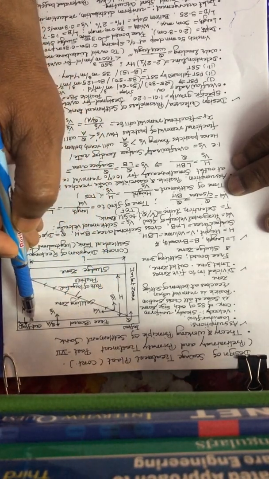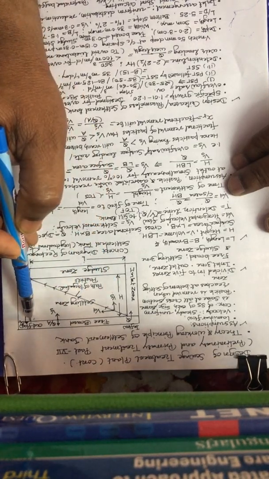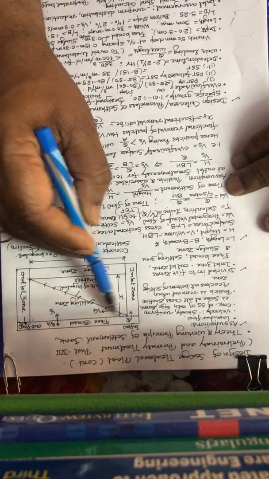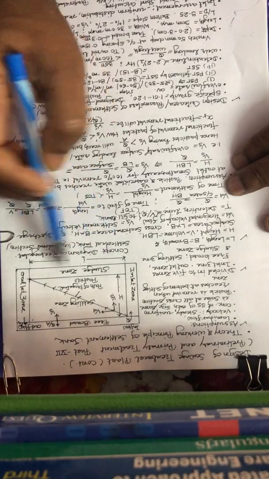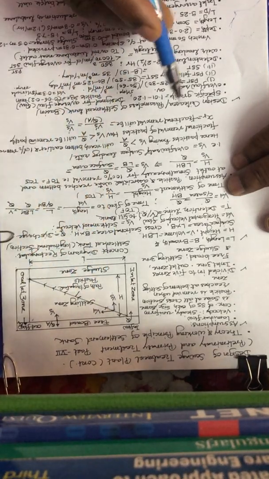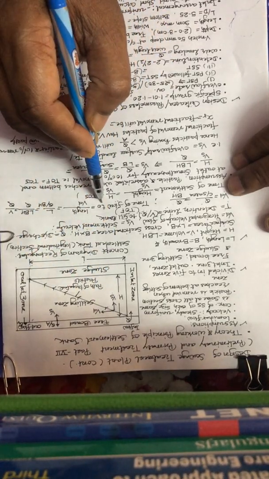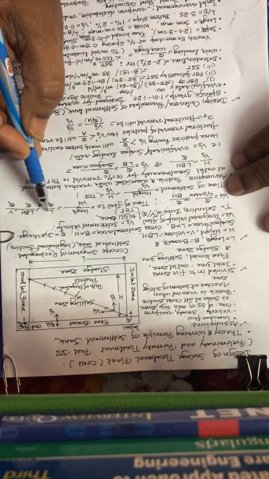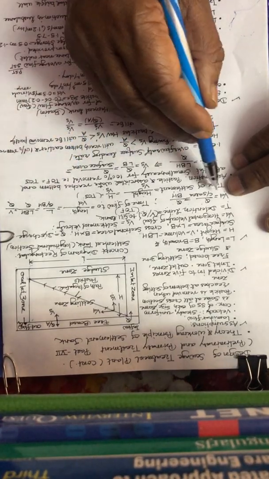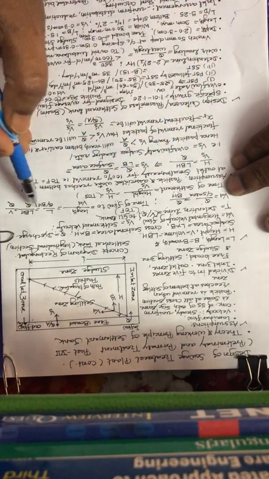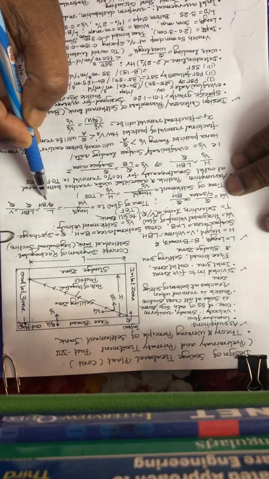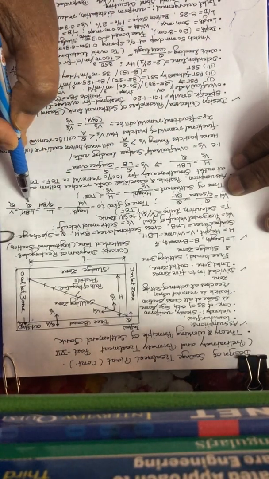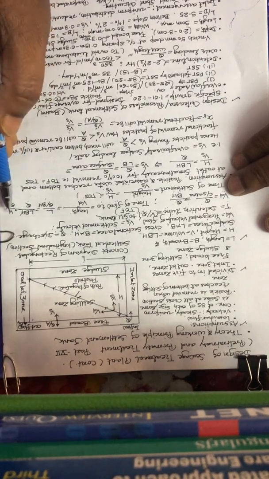So we can find this time by dividing the length of the tank by the horizontal velocity. So time of flow T0 is equal to length upon Vd, length is L. Put the value of Vd from here, Q upon BH. So T0 is LBH upon Q, and LBH we know is volume, so volume upon Q.